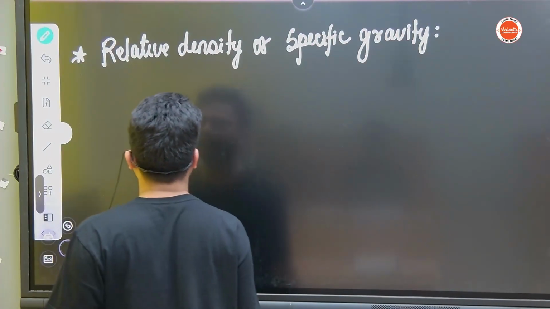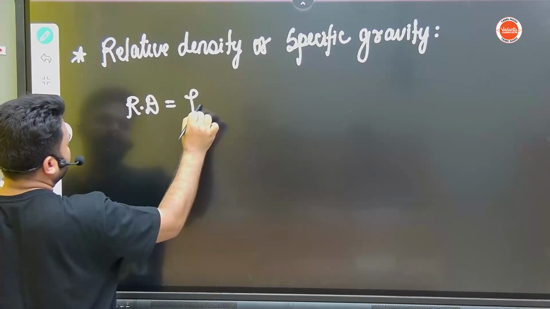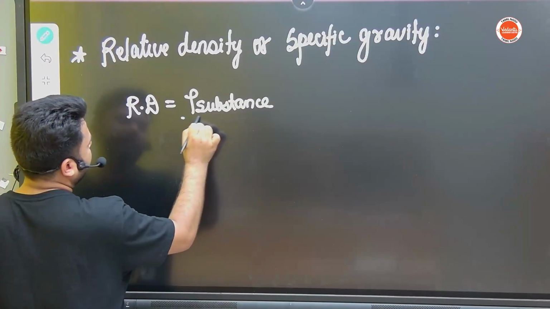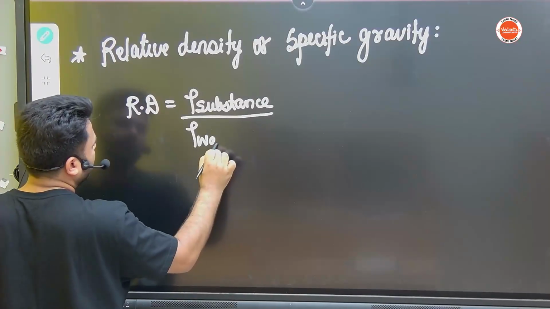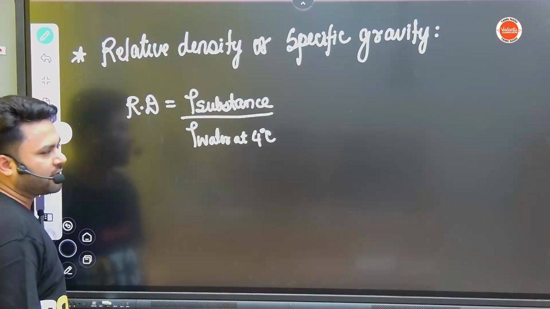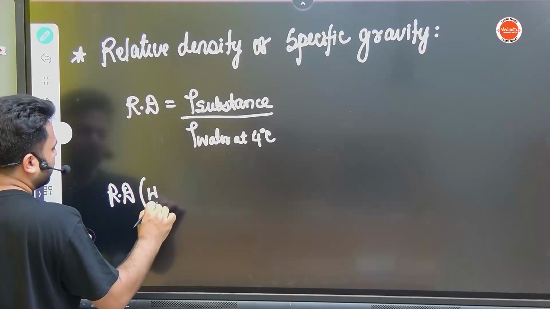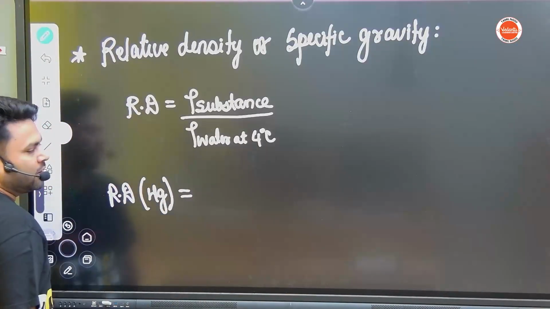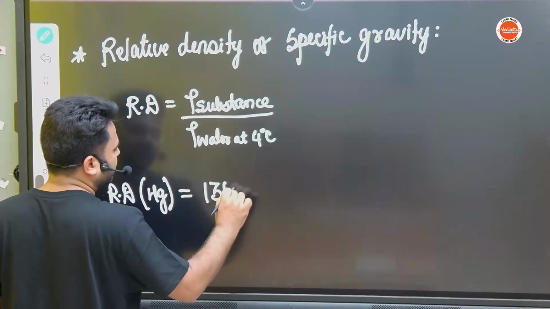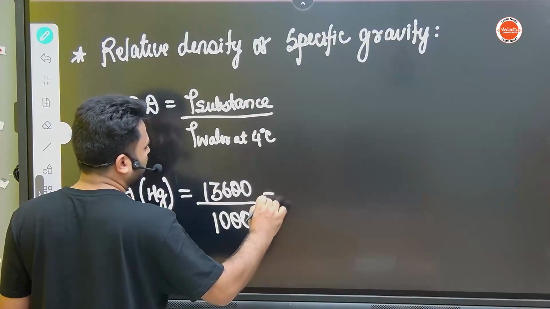Relative density is nothing but the density of any substance divided by the density of water at 4 degrees Celsius. For example, they ask what is the relative density of mercury. How will you find it? Density of the substance, that is the density of mercury, 13600, divided by the density of water, that is 1000. So how much will you get?